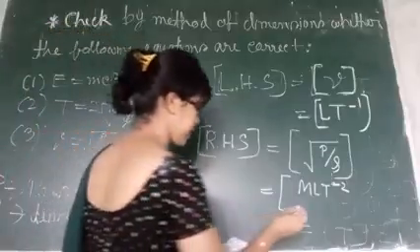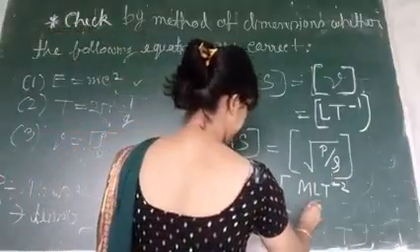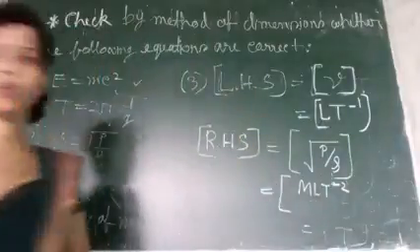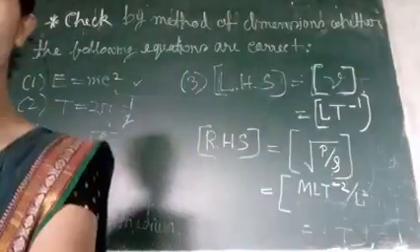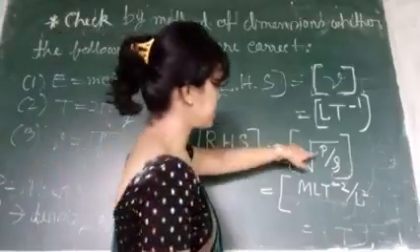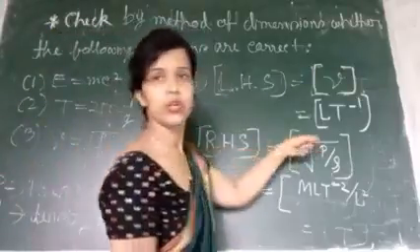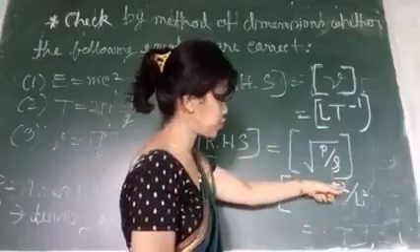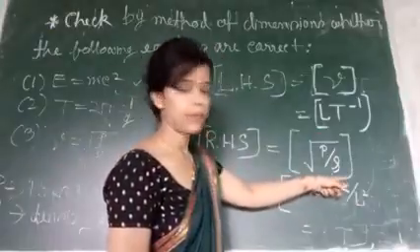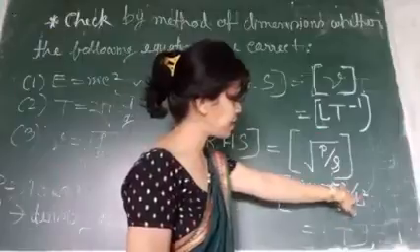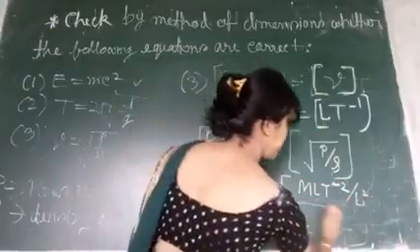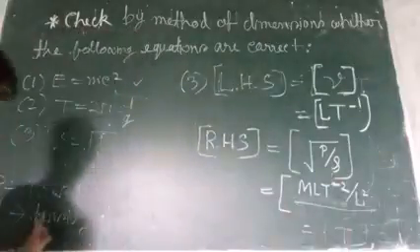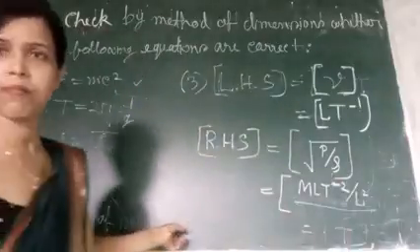So this will become M L to the power minus 1 t to the power minus 2. Again, for rho, the density of the medium, that means mass per volume.